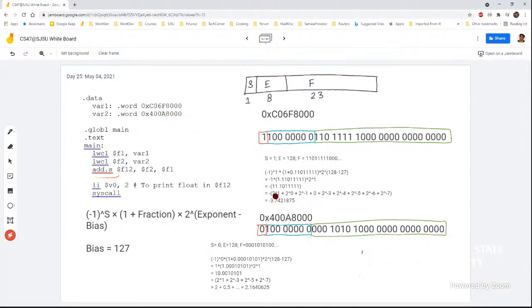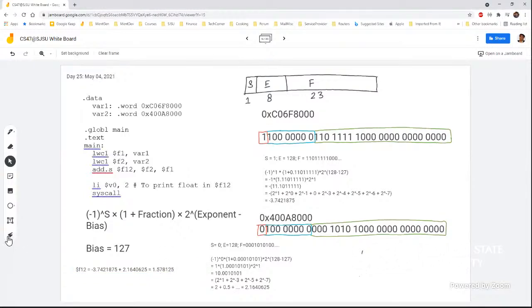Now it's a matter of addition of these two values. So my $F12 at the end of that addition statement will be basically minus 3.7421875 plus 2.1640625, which, if you use a calculator, will come down to 1.578125.